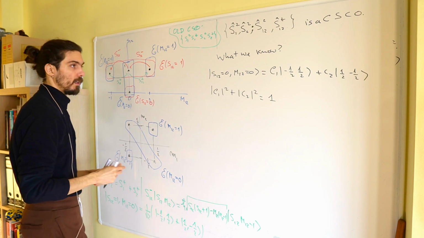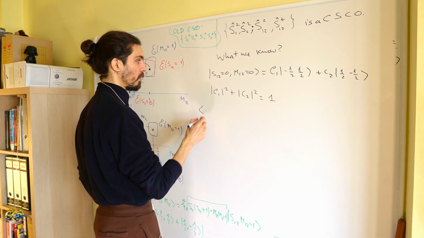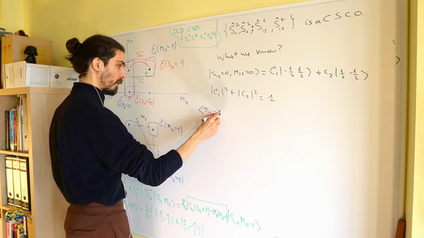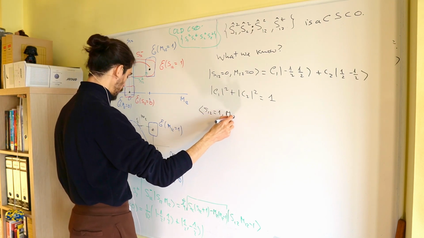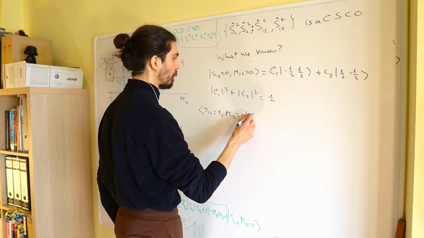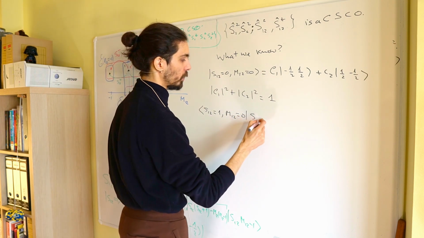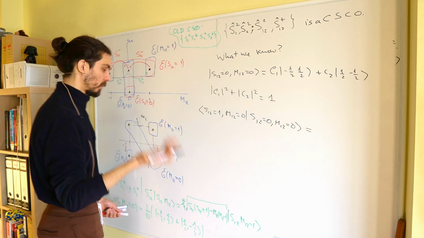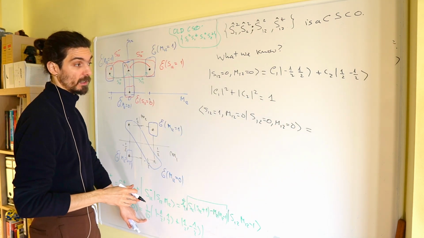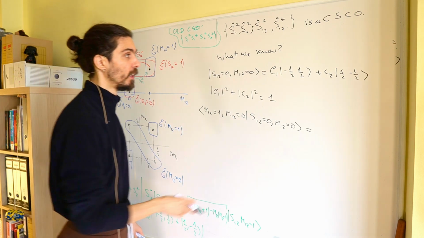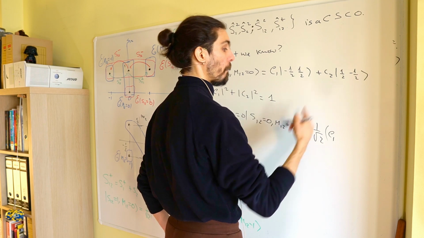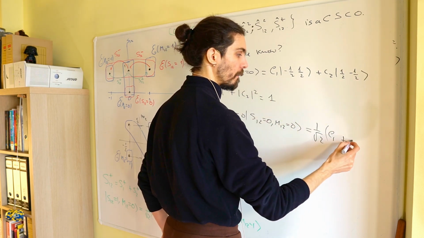Very important. And so when you compute here S12 is equal to 1, M12 is equal to 0, dot product with S12 is equal to 0, M12 is equal to 0, well, you just multiply the coefficients. The coefficients here are 1 over square root of 2. So it's 1 over square root of 2 times C1 plus 1 over square root of 2 times C2.